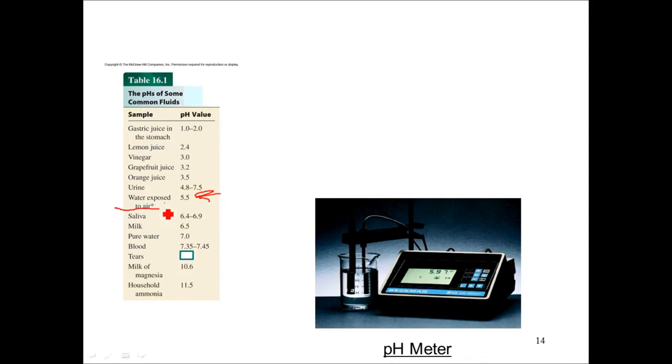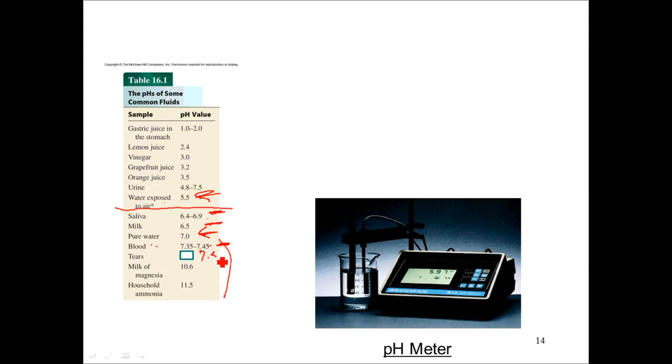Now, a lot of people think that blood is neutral. Blood is not. Blood is in that 7 range. Here are a few more acidic ones: saliva, milk, and then pure distilled water. But now let's start heading into the basic region for pH greater than 7. Blood again, 7.3 to 7.45. Tears, let's think.